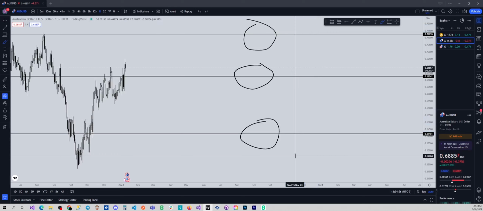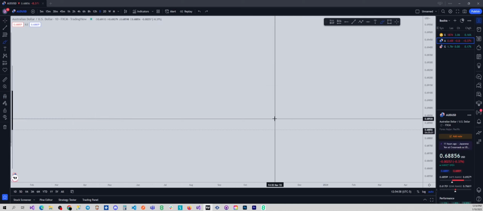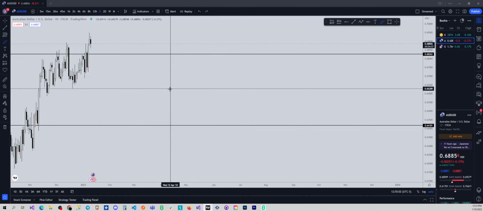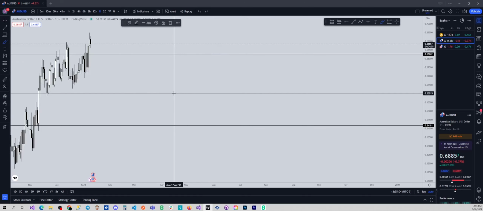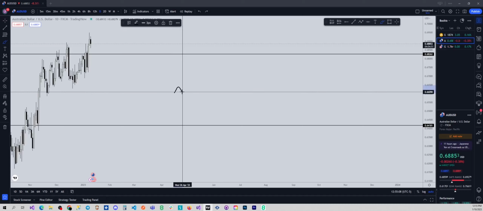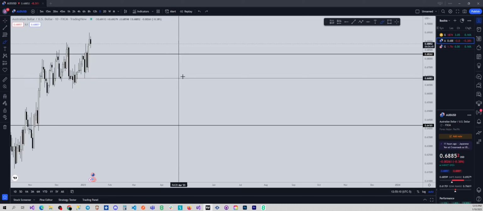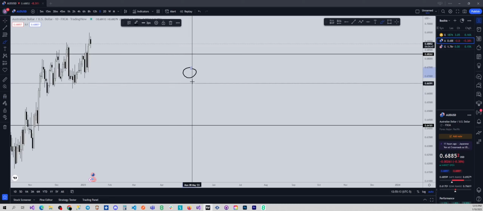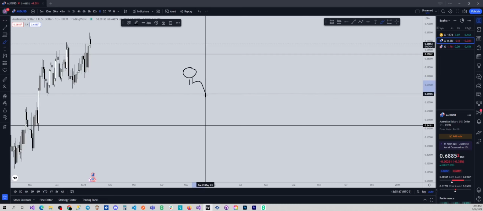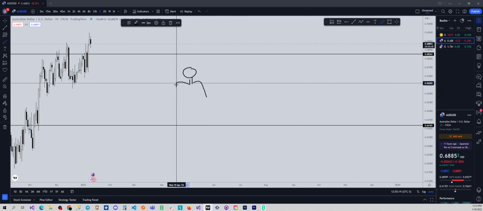So let's take a look at a couple of price action patterns that are common in today's market. Number one, we have a head and shoulders pattern. So what is a head and shoulders? If you look at the body of a person, you've got the head, and then you've got the neck, and then you've got the shoulders, the part that connects to the arm.